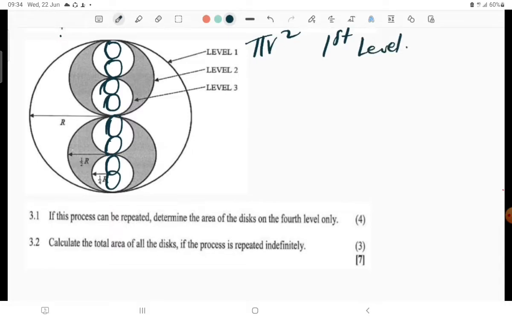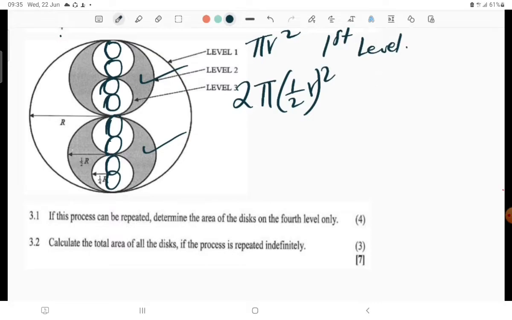Then the area of the second level is these brownish discs that we have two of them, and each has the radius of half r. So the area of the second one, since we have two discs, will be 2 times pi, then our r is 1/2 r, but let's not forget to square it.